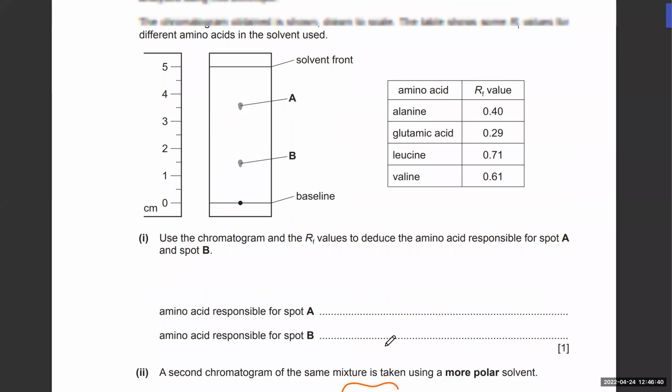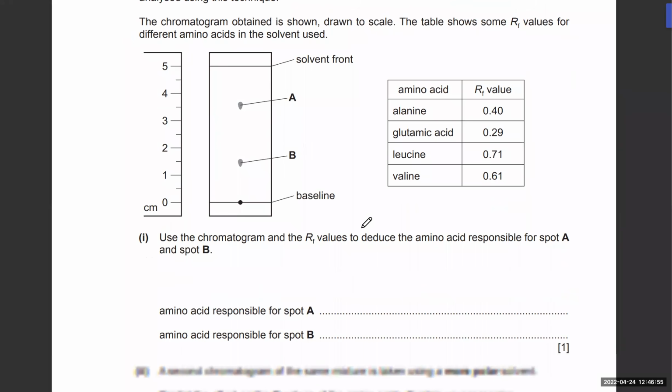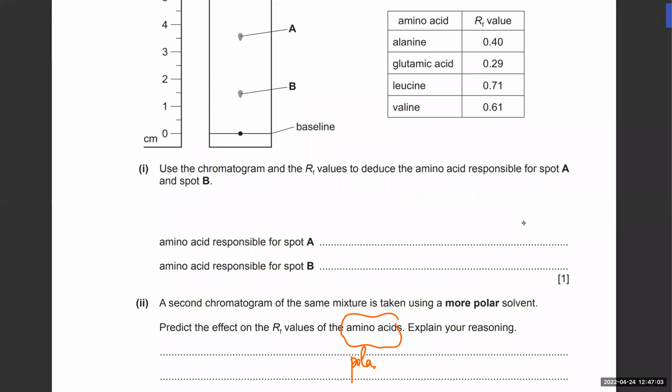Anyway, the first solvent, what was the first solvent? So did they give us any information about the first solvent? Even if they haven't, they're saying you've got a more polar solvent. So will the amino acid dissolve more or less in the solvent? Well, imagine the solvent traveling upwards, right?